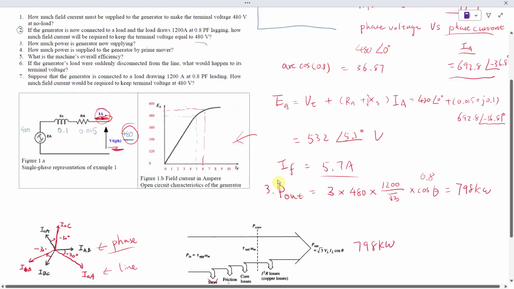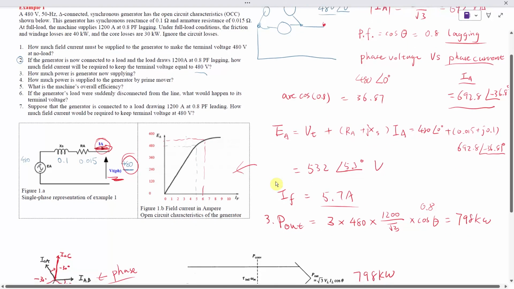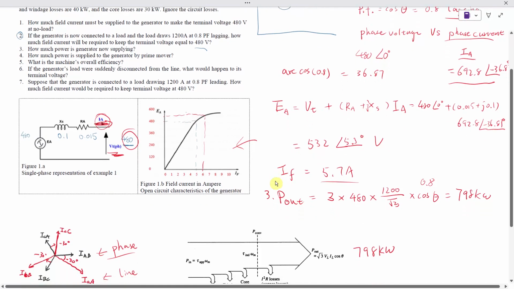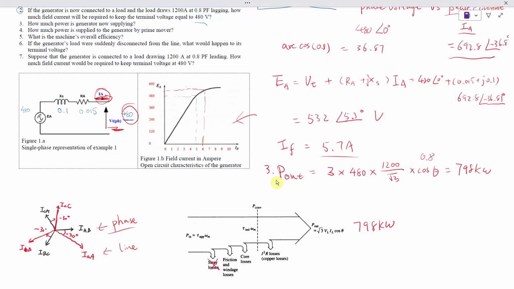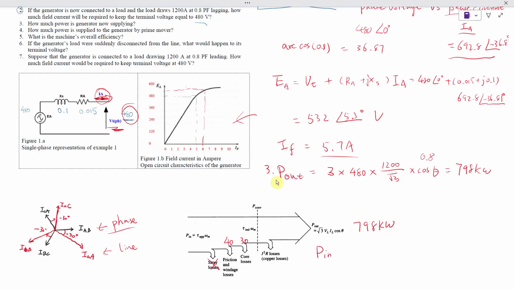So if you look at here, then we have the friction losses 40, and this one is 30, and then we know that Pin equals 798 plus 40 plus 30, and also add the I square R losses.